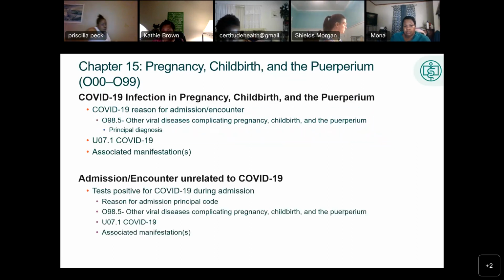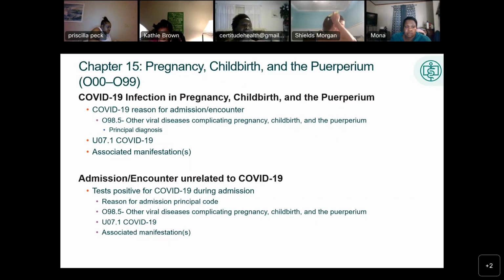And then the last guideline for pregnancy is guideline S, as in Sam. I promise y'all, this is the only chapter that has this many guidelines, but that's because there are so many possibilities and variations in pregnancy. Guideline S is the COVID one. So obviously, this is the newest guideline that was created, as if this section wasn't large enough.